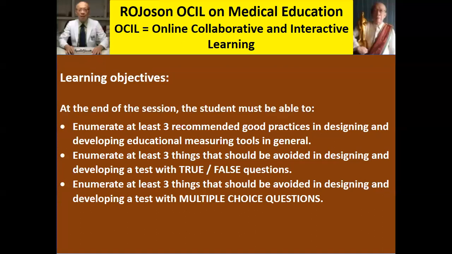Enumerate at least 3 recommended good practices in designing and developing educational measuring tools in general. Enumerate at least 3 things that should be avoided in designing and developing a test with true or false questions. Enumerate at least 3 things that should be avoided in designing and developing a test with multiple choice questions.